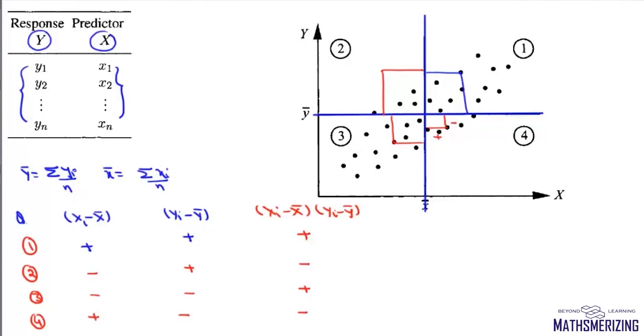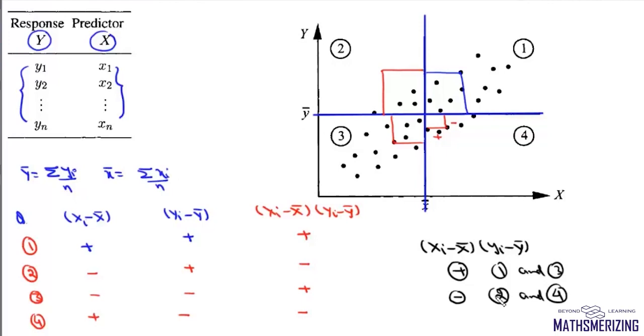So this product xi minus x bar into yi minus y bar will be positive in first and third quadrant and will be negative in second and fourth quadrant.